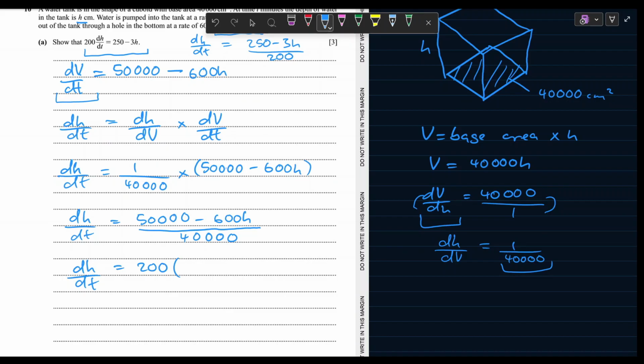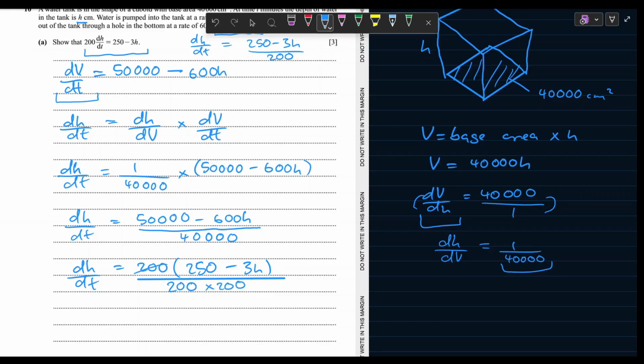So 50k divided by 200 gives us 250, minus 600 divided by 200, that's 3h, and this is over 40k divided by 200, that gives us 200. So we've got 200 times 200 here.